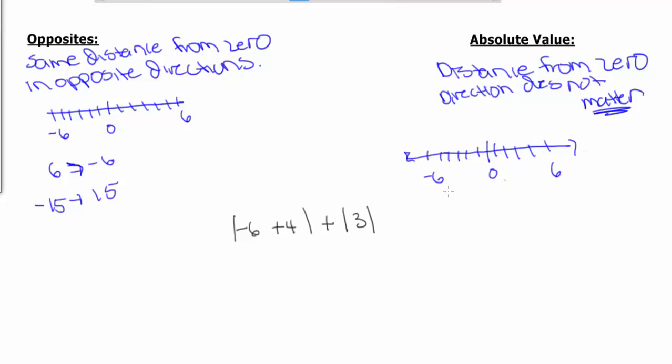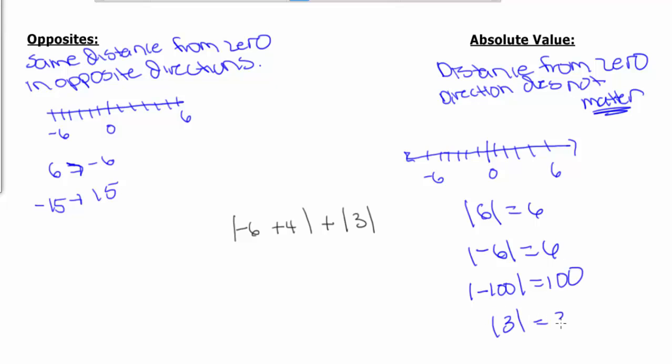We have 6 and negative 6. Both of these are 6 away from 0. So the absolute value of 6 is 6. The absolute value of negative 6 is also 6. The absolute value of negative 100 is 100. The absolute value of 3 is 3. It's just saying how far away from 0 it is. It's how many spaces away from 0, and it doesn't matter which direction.